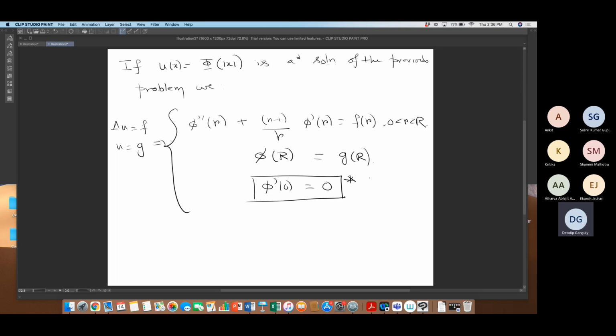If the domain has some spherical or rotational symmetry and f is a radial function, then we can look for a radial solution u, and this PDE will be transformed to an ODE.